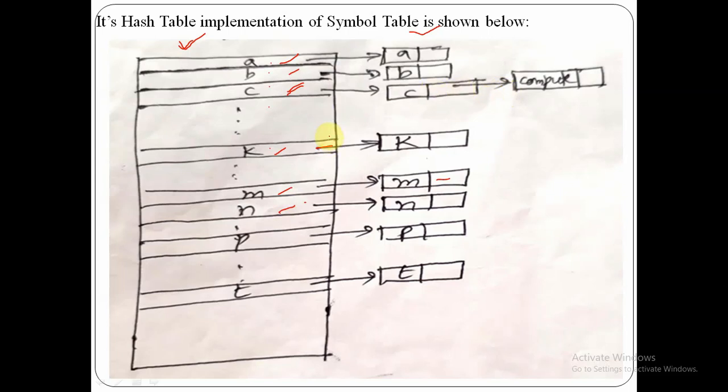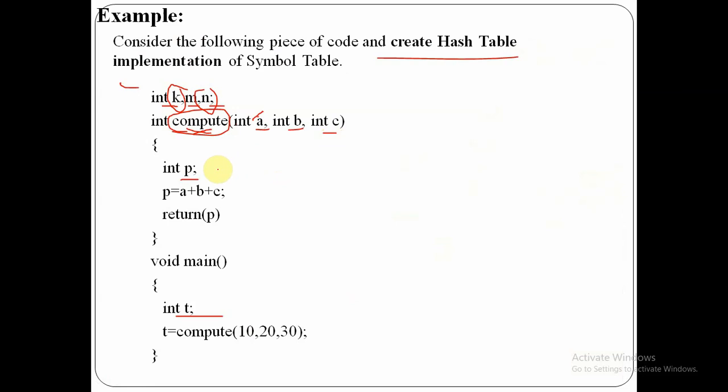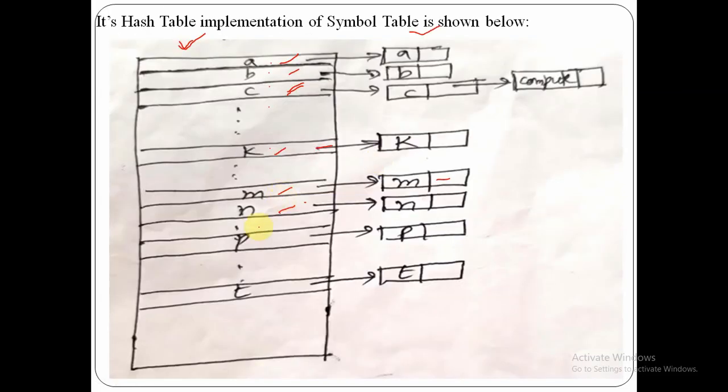And next one is p, so p is going to be stored at index p, and the last one is t, t is going to be stored in the table at index t. So like this we have to maintain the hash table.